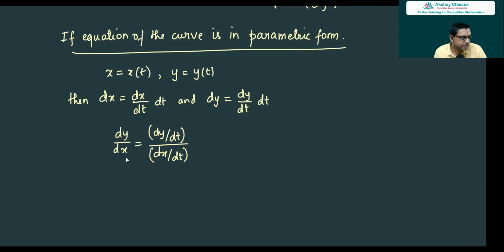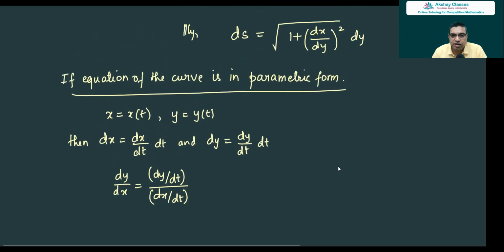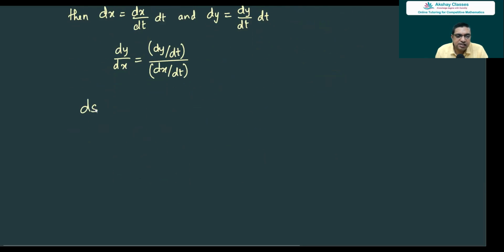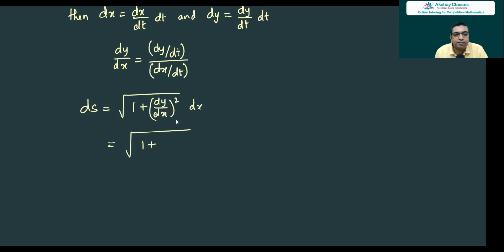Okay. Next, beyond this, what happens? So ds, which is under root of 1 plus dy by dx the whole square times dx, will become in the parametric form under root of 1 plus dy by dt by dx by dt the whole square.